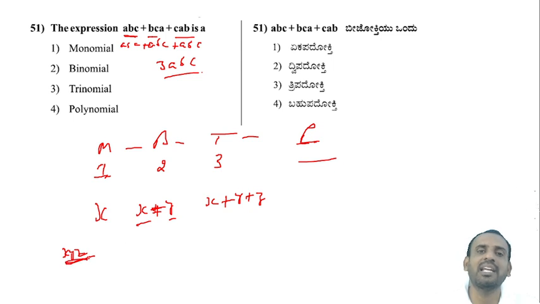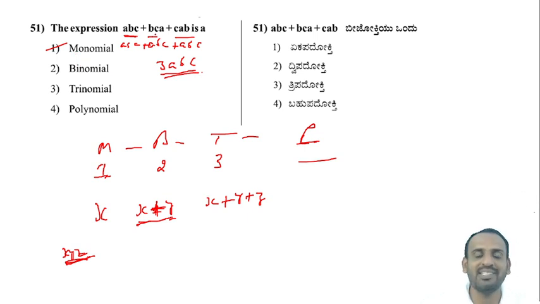Otherwise, together they are called a single term only. Here we have X plus Y. If you have X into Y, no problem. That is a single term. X into Y into Z also a single term only. So same way here, 3ABC is a single term. So it is monomial.